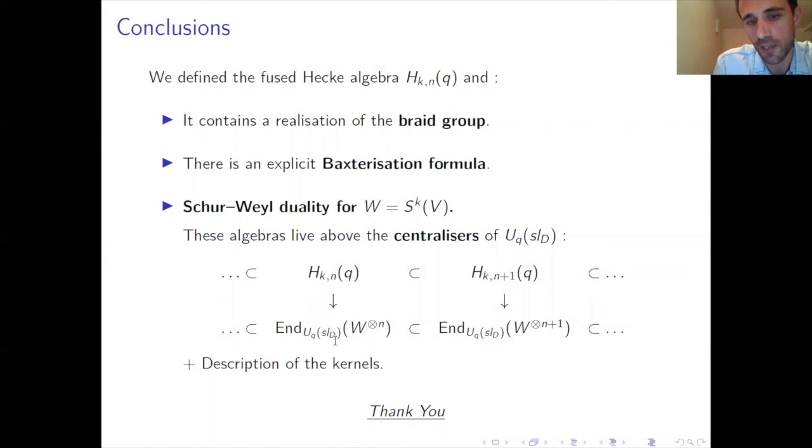For example, for SL2, we recover the higher spin solution of the Yang-Baxter equation. So in a sense, they were known, but it's not so easy to explicitly construct the matrix. And so our approach gives an alternative way or an alternative understanding of these solutions.